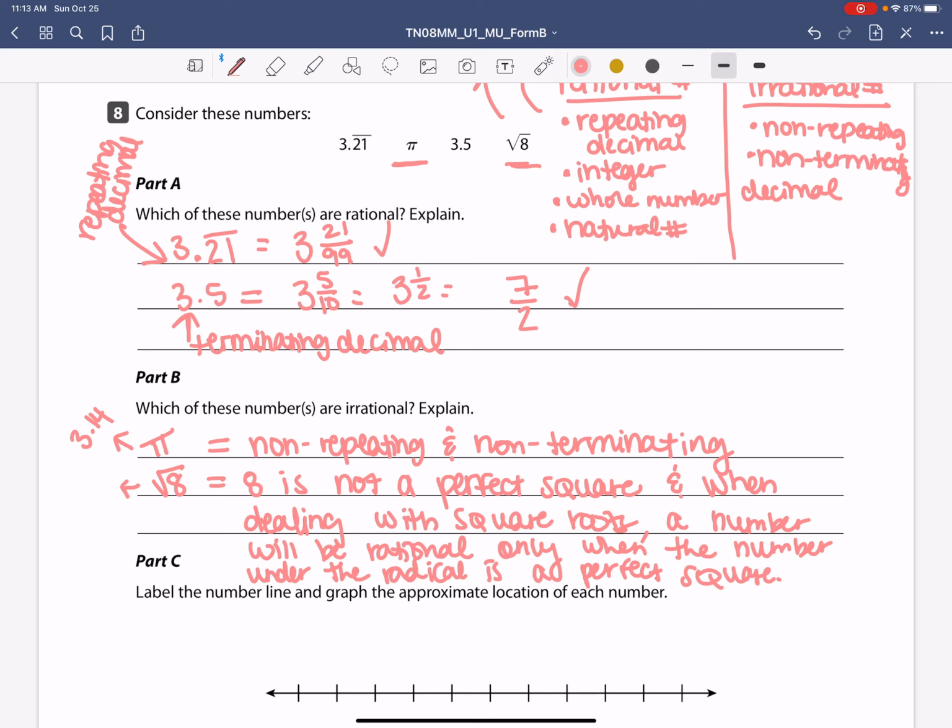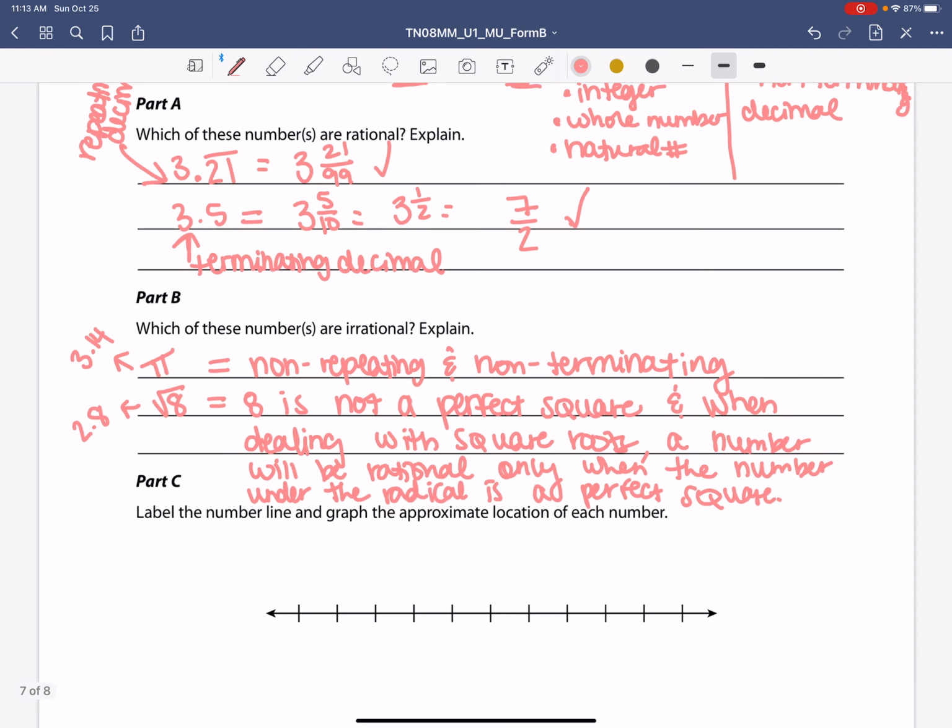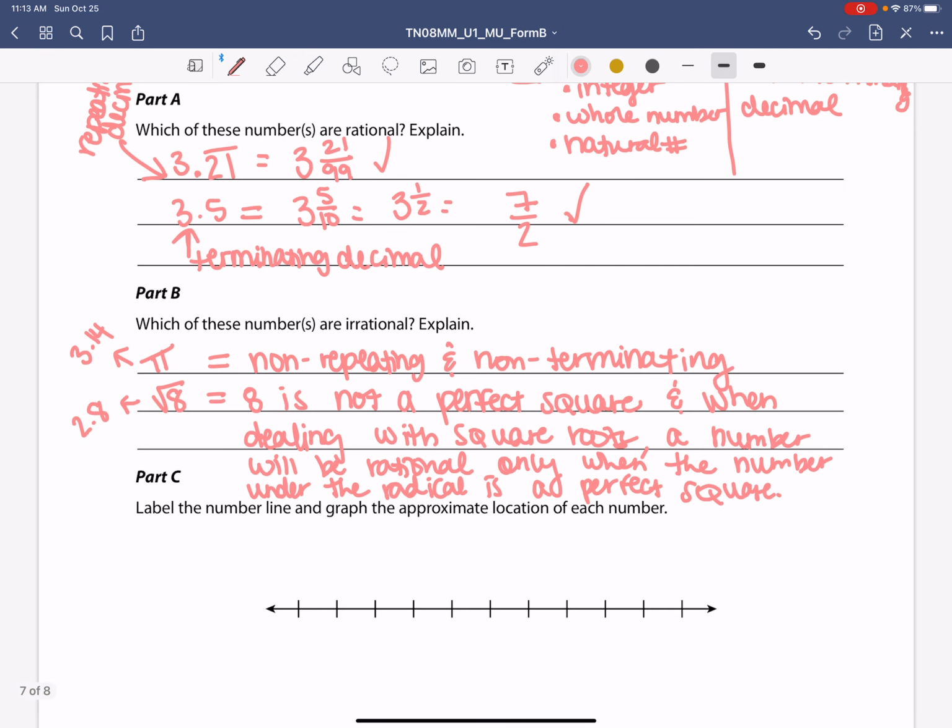So it's not equal to it, but it's there. And then 3.21, we don't have to do anything with that. So we have the decimal approximations for these, and we're good there.